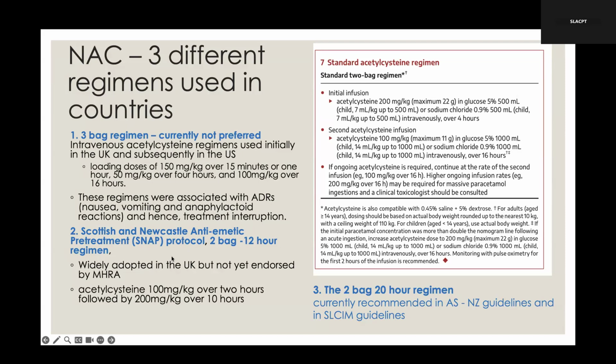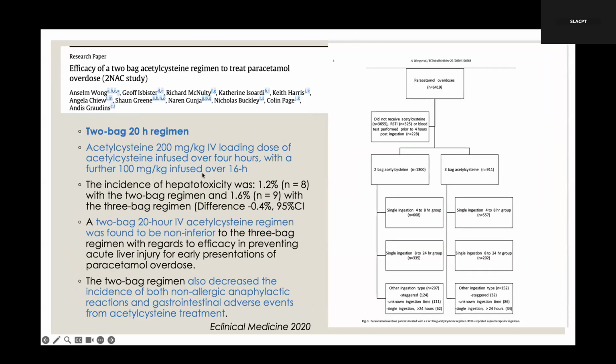And the UK is using the Scottish and Newcastle SNAP protocol, which is a two-bag 12-hour regime. And many are using the two-bag 20-hour regime, which is the Australia New Zealand one, and that is the one which is recommended in Sri Lanka also currently.